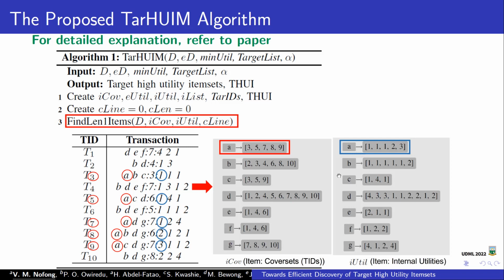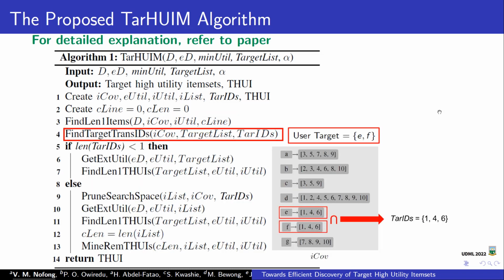So given the database, our approach looks for the single items and returns their cover sets as well as the internal utilities. If you look at A, for example, A occurs in transactions 3, 5, 7, 8, and 9. So its cover set or transaction IDs will be stored in a data structure, and the corresponding internal utilities will also be stored in a different data structure.